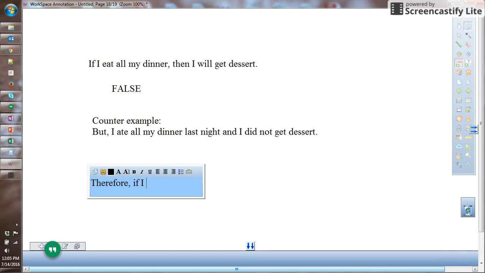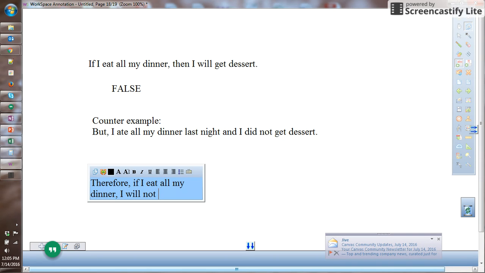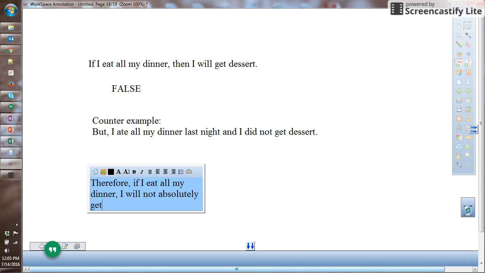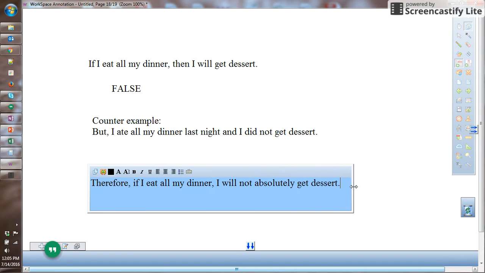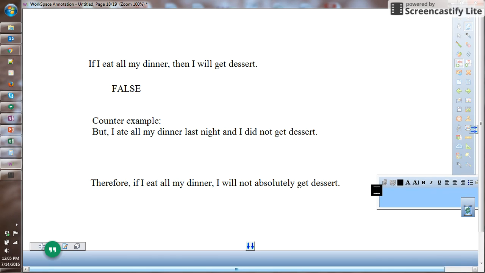Therefore, if I eat all my dinner, I will not absolutely get dessert. I mean, I could get dessert, but it's not an absolute.